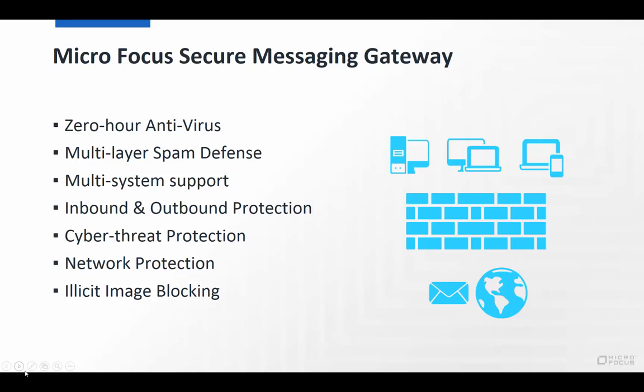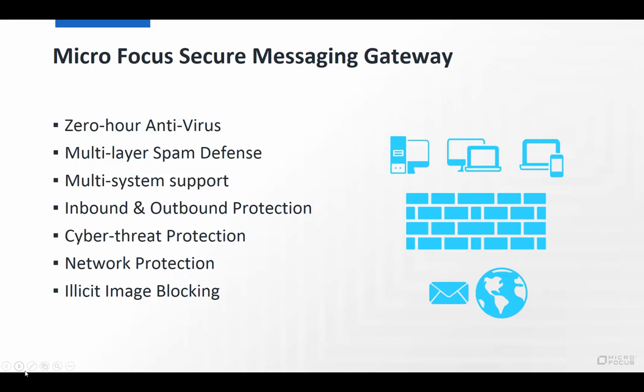So with the Micro Focus Secure Messaging Gateway product, we preemptively block any of the malicious email coming into your system. We do this through many ways, through zero-hour virus and multi-layer spam defense. We support multiple systems, whether it be GroupWise, Gmail, Exchange, Office 365.